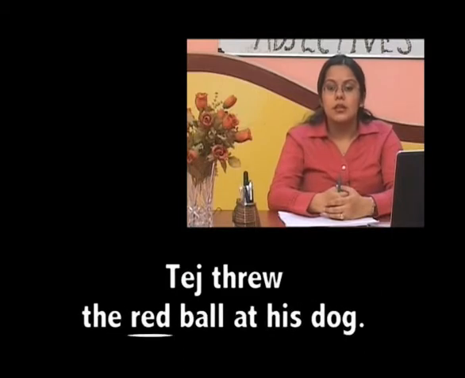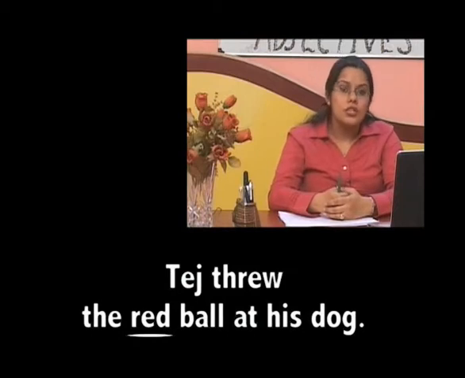Sentence number 1 was, Tej threw the red ball at his dog. Now what kind of ball did he throw? What was the type of the ball or the quality of the ball or any other feature of the ball? It is the red ball. So the word red tells you about the quality or the feature of the ball.